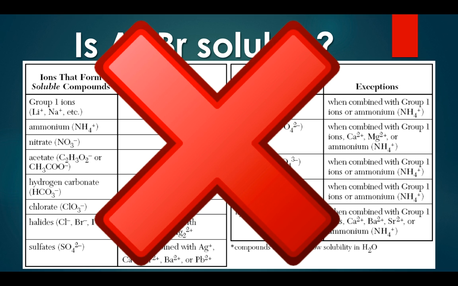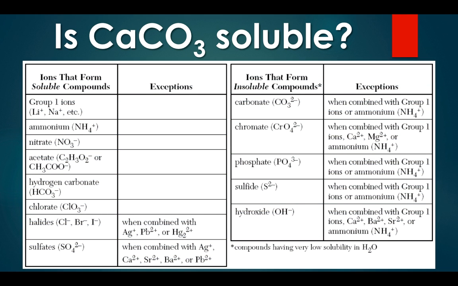All right, let's take a look at another one. Here we have calcium carbonate. Is calcium carbonate soluble? Well, let's take a look at Table F. Now remember we're looking at calcium and then the carbonate ion.